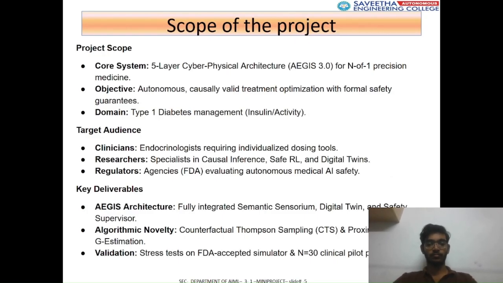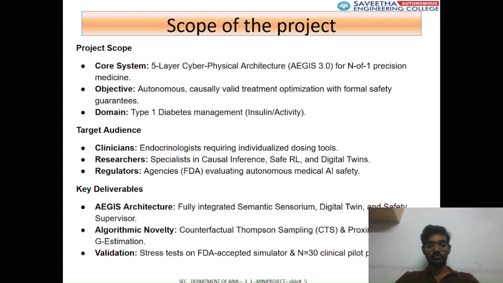The main project scope is the five-layered cyber-physical architecture which we propose here. The objective is autonomous, causally valid treatment optimization with formal safety guarantees. The domain we are trying to solve is type 1 diabetes management, which covers insulin and other activities.